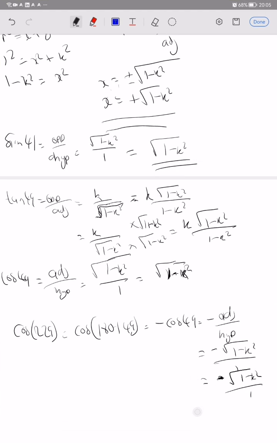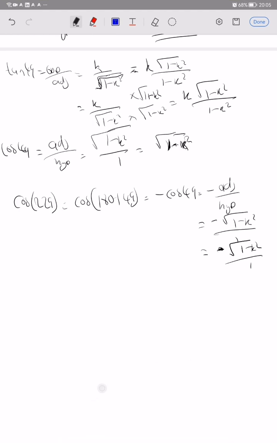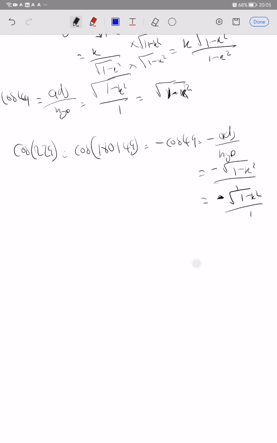Okay, let's have another problem. Let's say we are given cos of 20 degrees is equal to the square root of 1 minus k squared.